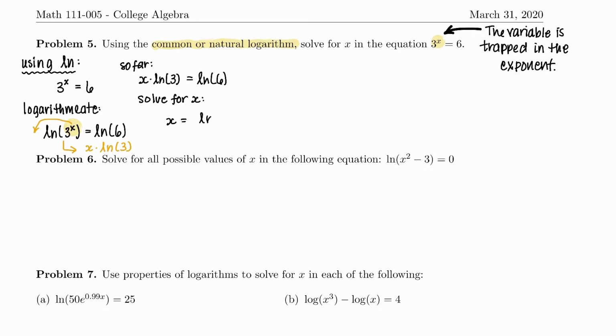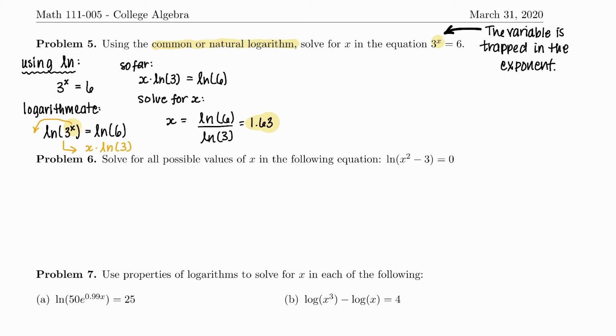So I get x is equal to the natural log of 6 divided by the natural log of 3, which is equal to 1.630929. And it looks like it keeps going. So I'm just going to say that's about 1.63. We will round up. Okay, we've solved that equation.